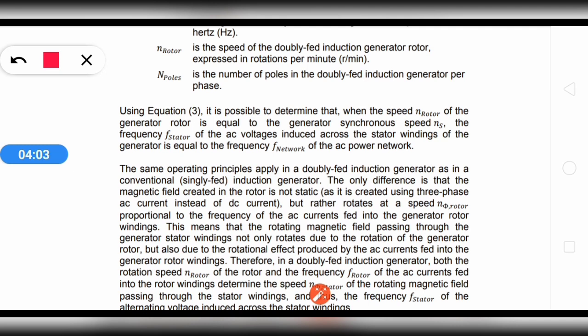The principle of operation is the same in DFIG and SFIG. The only difference is that the magnetic field created by the rotor is not static, but it rotates at the synchronous speed of the rotor.